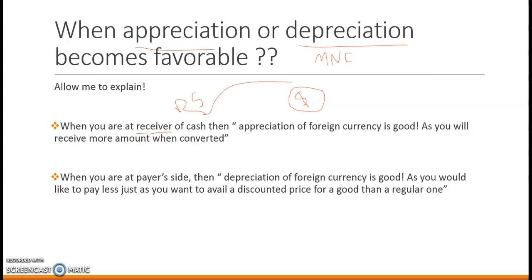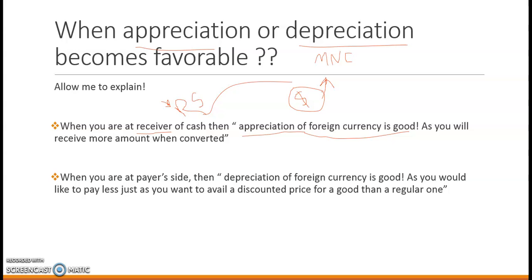Now, being a receiver of the cash, your focus must always be on the appreciation of the foreign currency, because whenever the dollar appreciates, goes up, your currency will of course go down, which means you have to pay more rupees to receive the dollars or to convert the dollars.